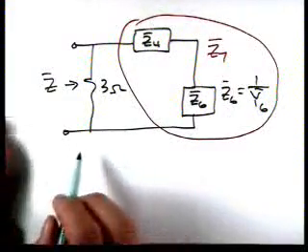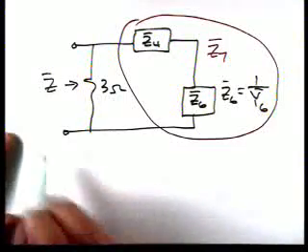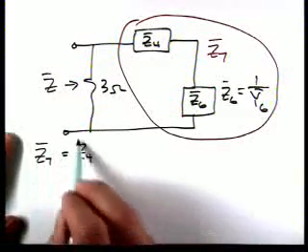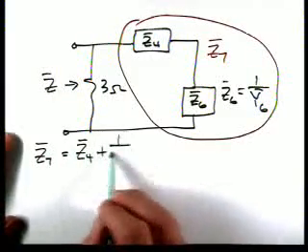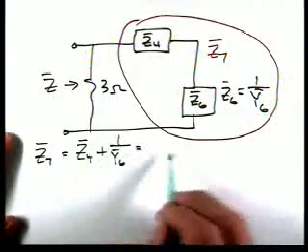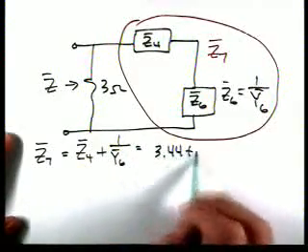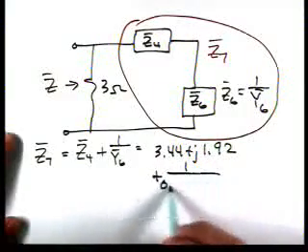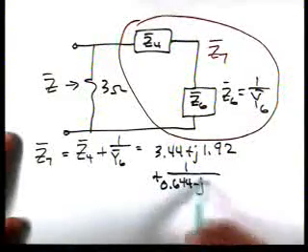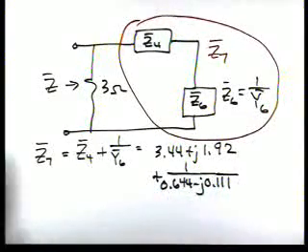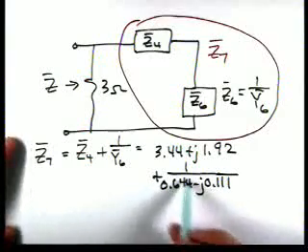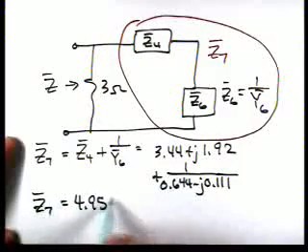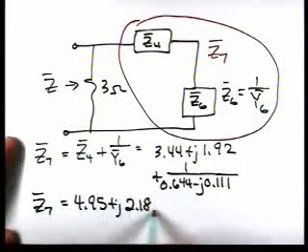Z7 is Z4 plus 1 over Y6. If you recall, Z4 was 3.44 plus j1.92, and we have 1 over 0.644 minus j0.111, because here's 1 over Y6. So then Z7 turns out to be 4.95 plus j2.18.